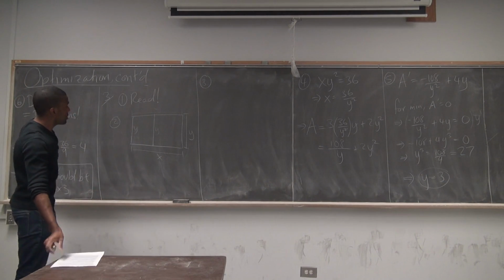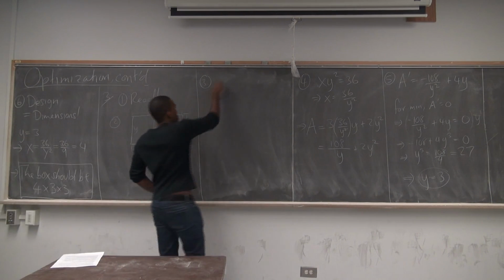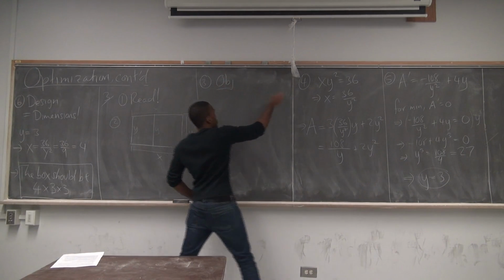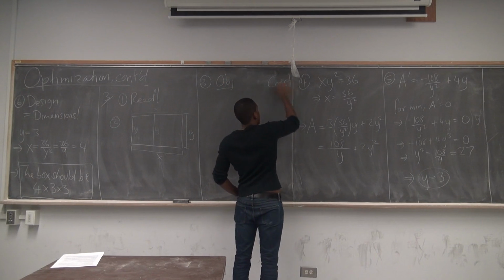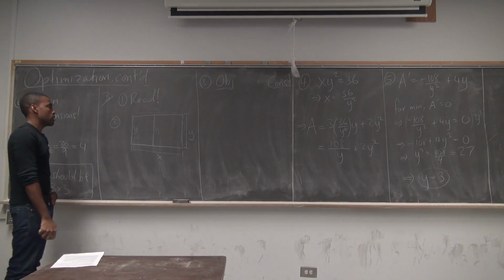What is the third step? The 2 equations. So what's my objective? What's my constraint? What do we want to do here?